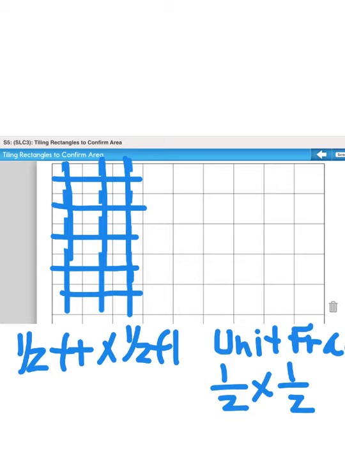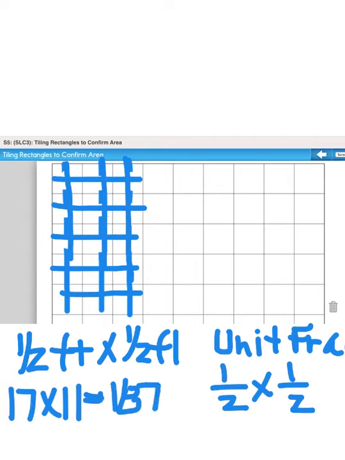So how many 1/2 foot by 1/2 foot tiles would I need to cover the entire kitchen floor? I would need a total of 187 1/2 foot by 1/2 foot tiles. I can find this out by counting the smaller squares along the length and width of the rectangle and multiplying them. You would have gotten 17 times 11, which equals 187.